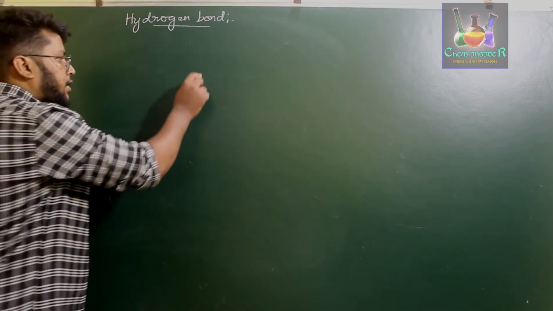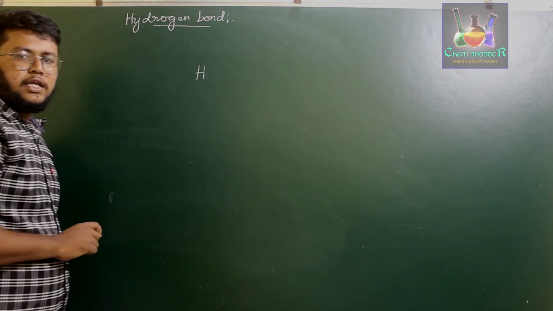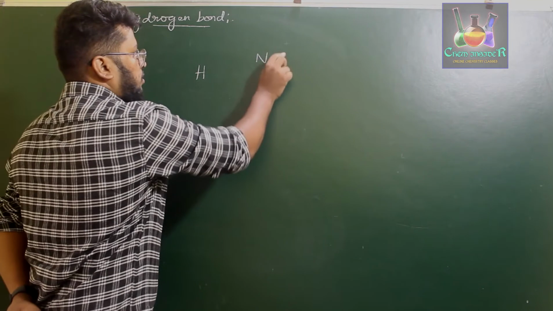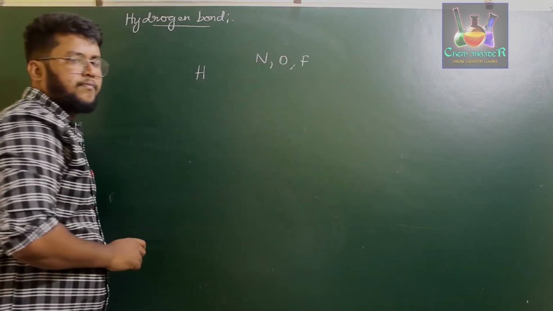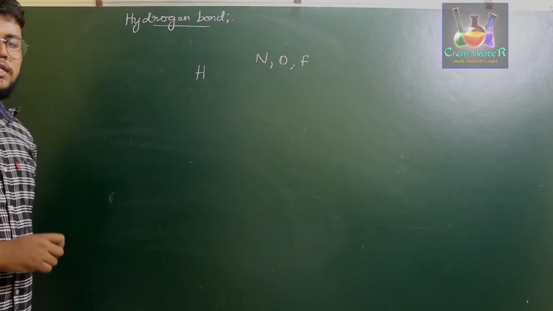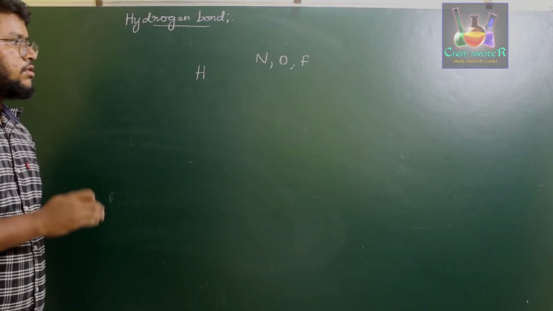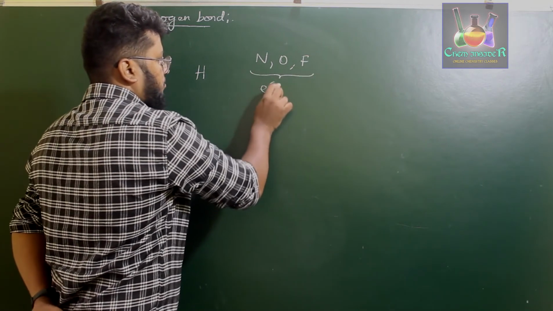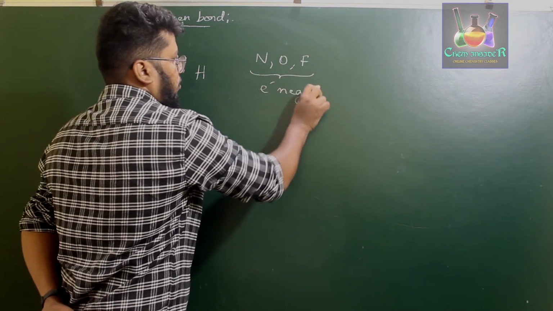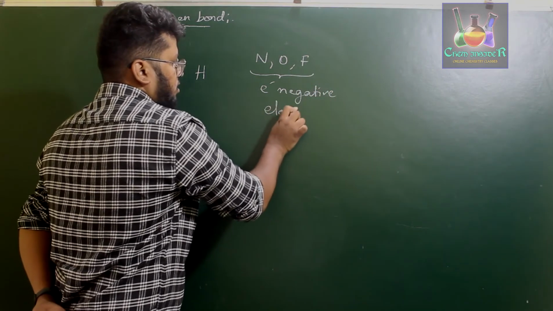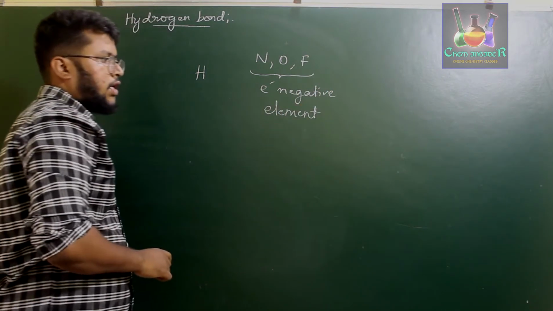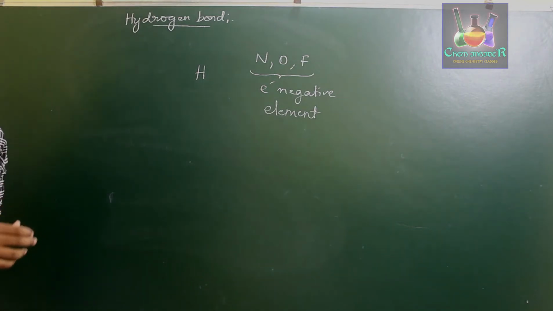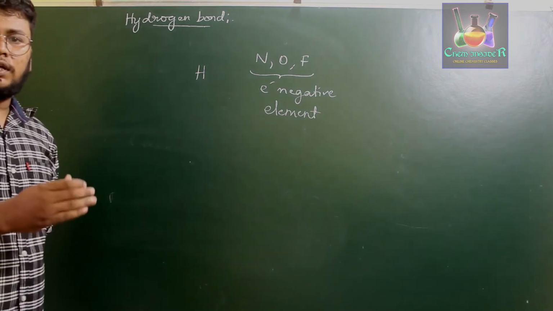Whenever you consider hydrogen being attached to any of the strongest electronegative elements, those are nitrogen, oxygen and fluorine, which are the most electronegative elements, then we can say that the given molecule has hydrogen bonding in it.